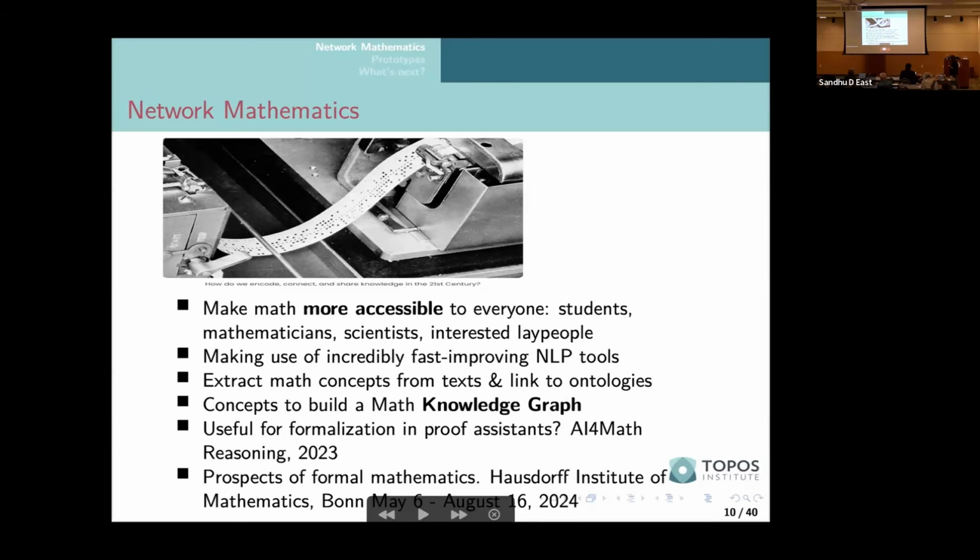And hence, one of the things that we thought when we started thinking about Topos was exactly this idea that we should try to follow in the footsteps of the people that did material science, for instance, or chemistry.